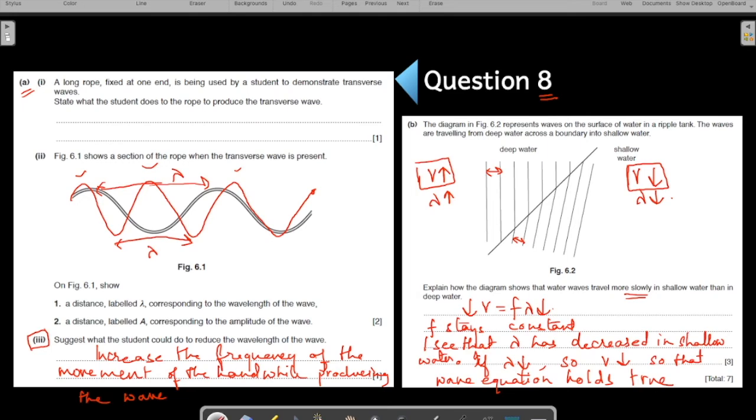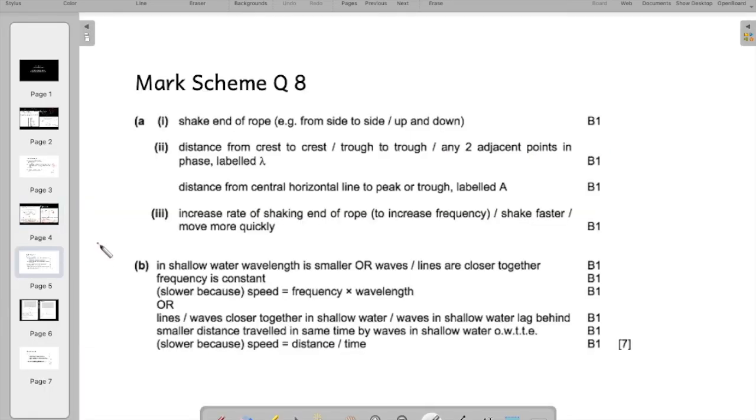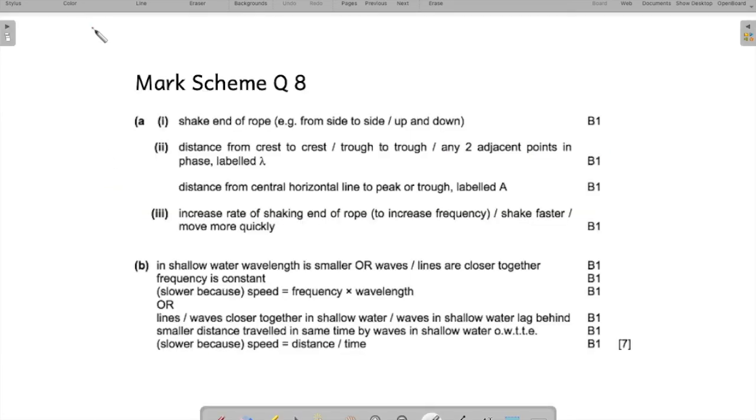Right? The left hand side should be equal to the right hand side. Frequency stays constant. I see that lambda has decreased. You see it clearly that the wavelength is going down in the shallow water. So if lambda goes down, v has to go down, so speed has to go down so that the wave equation holds true. Let us look at the answer.